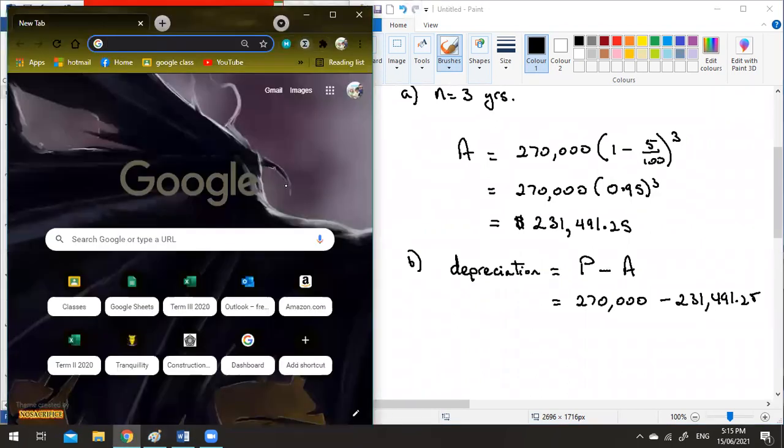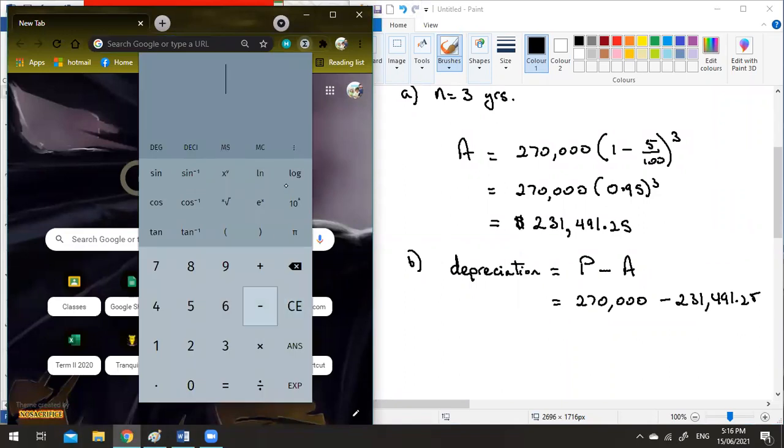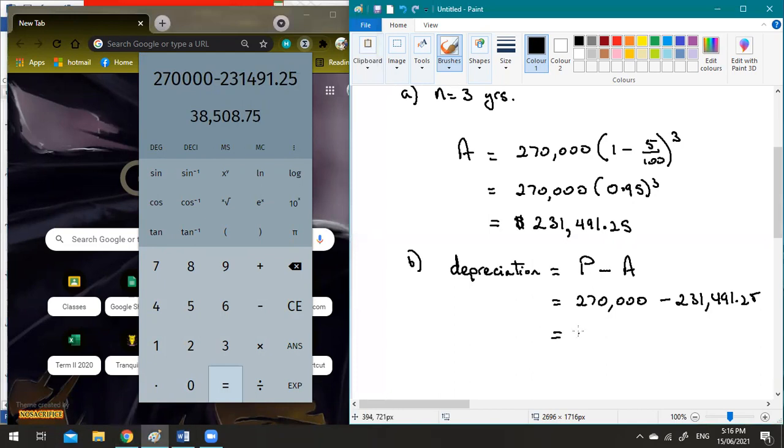Again, we'll look at it on the calculator. 270,000 subtract 231,491 and 25 cents, right? So over the 3 years, the car depreciated $38,508.75.